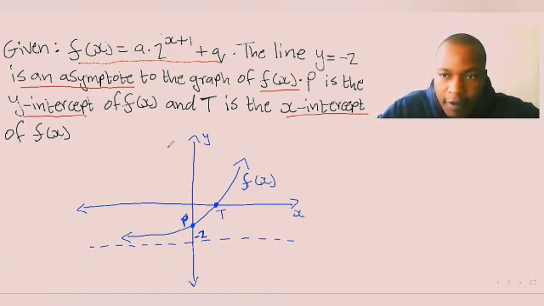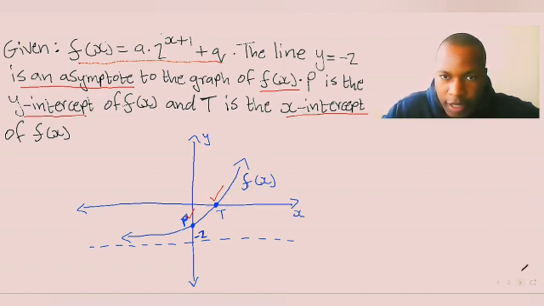On the graph, we've already sketched the graph that describes the problem itself. So t, over there, would be the x-intercept of f of x, and p would be the y-intercept, that would be p over there. Gents, we've also been given the horizontal asymptote, which is -2. Now let's move on to the questions themselves.